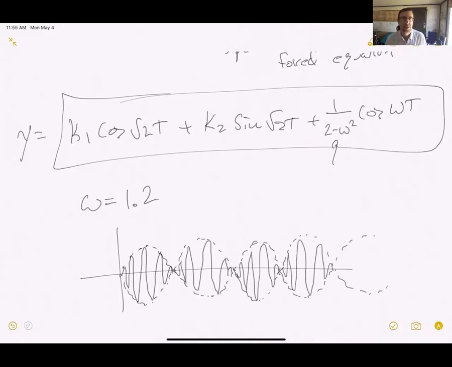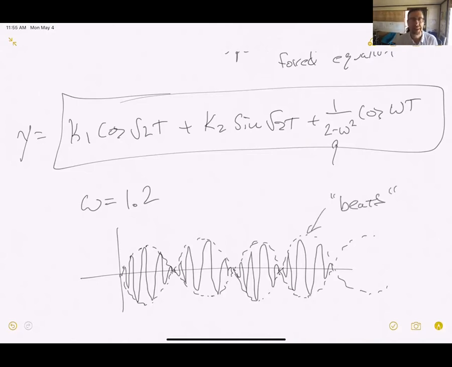So you have these two oscillations: the high frequency oscillations, and then a lower frequency oscillation superimposed on that. Those low frequency oscillations, the dashed lines, are called the beats.